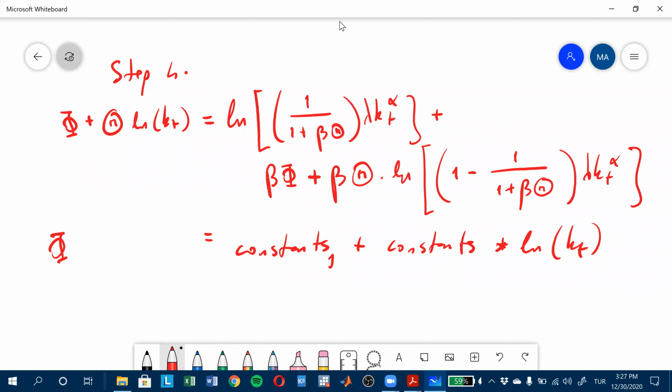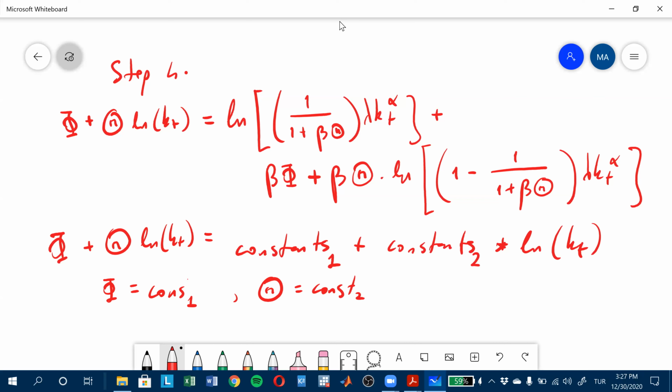Let's say this is constants 1, this is constants 2. You have phi and theta ln K_t here. So you're gonna equate phi to constants 1, and you're gonna equate theta to constants 2.